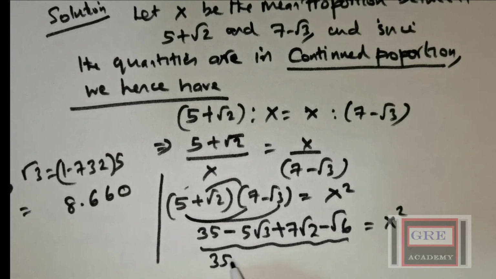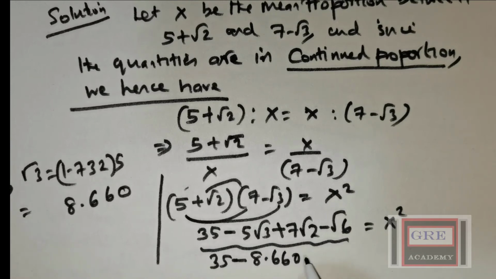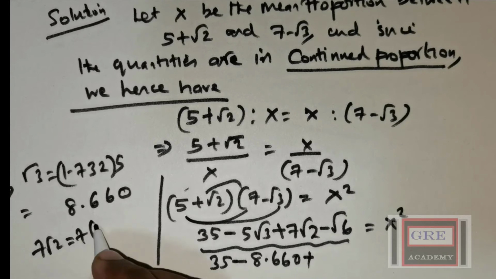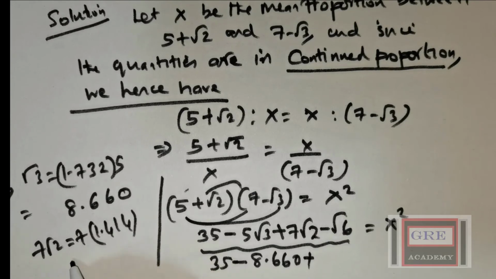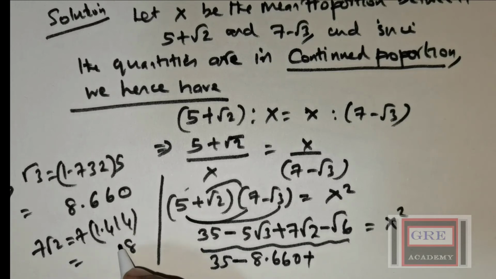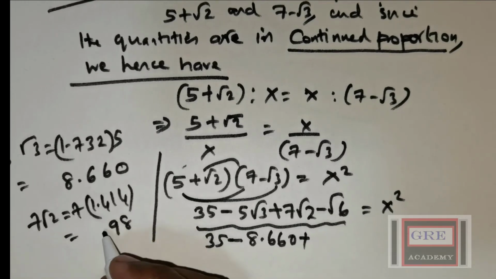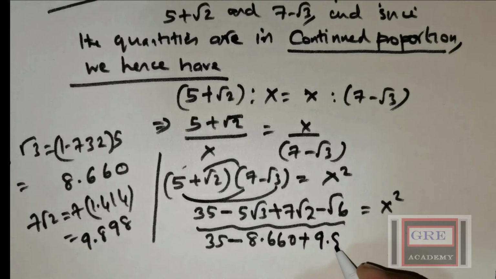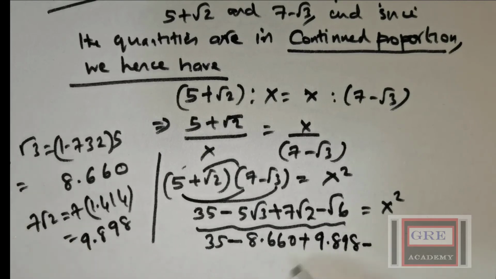So this is 35 minus 8.660 plus 7 times √2. Now √2 is 1.414. So 7 times that gives 9.898. So this gives me 9.898 minus √6.